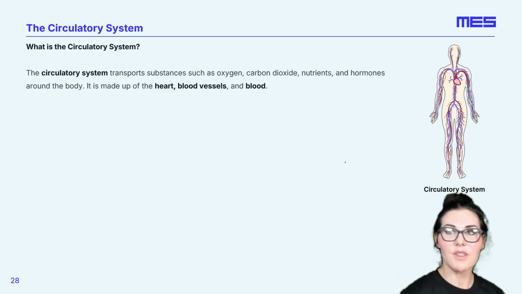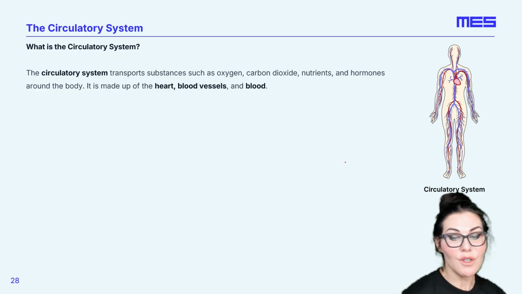The circulatory system is the system that transports the oxygen away from the lungs to the cells of the body, or it brings carbon dioxide rich blood back to the lungs for exhaling and getting rid of the carbon dioxide.